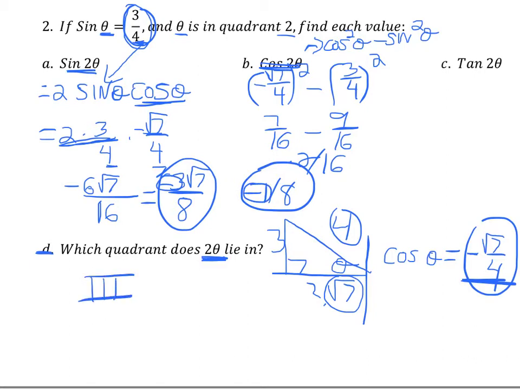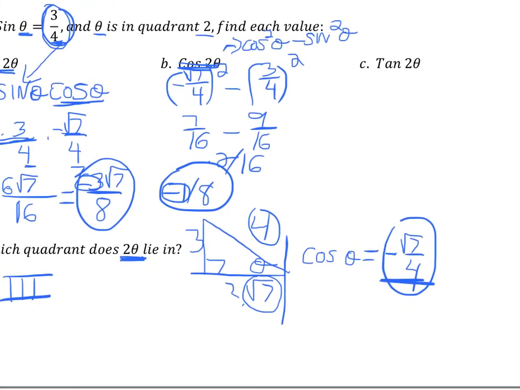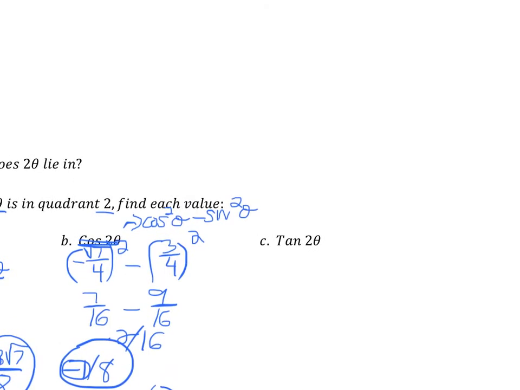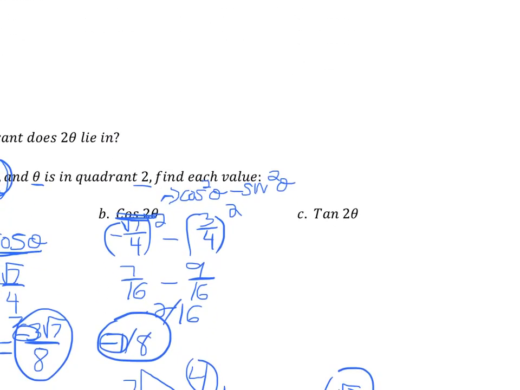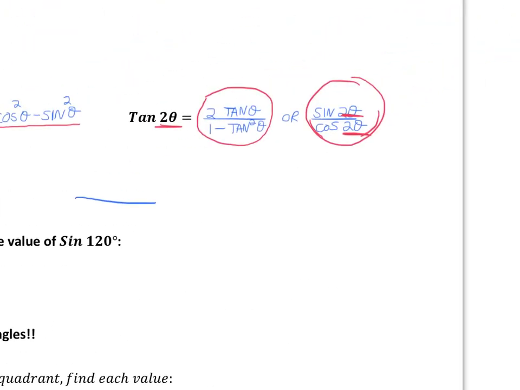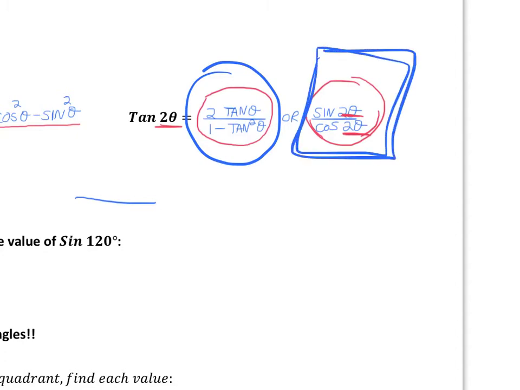And then the last part, the easiest one: if I want to do tangent of 2 theta, I could use this formula, but since I already know sine of 2 theta and cosine of 2 theta, as a shortcut, I'm going to use this one right here.